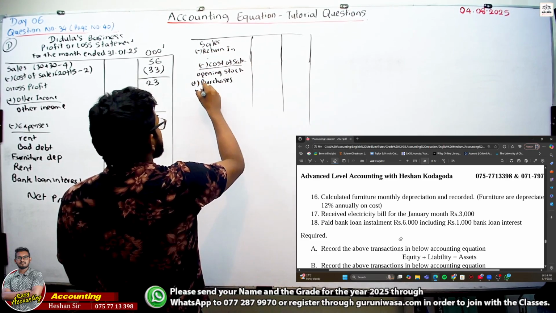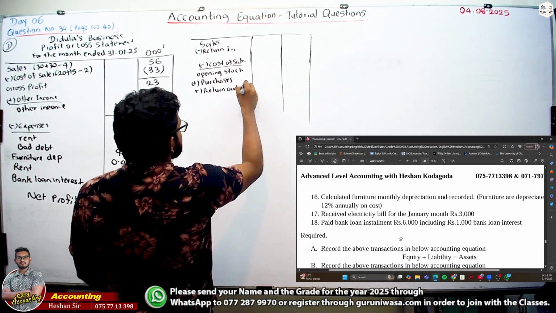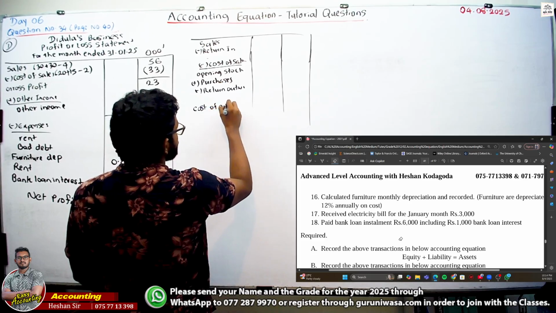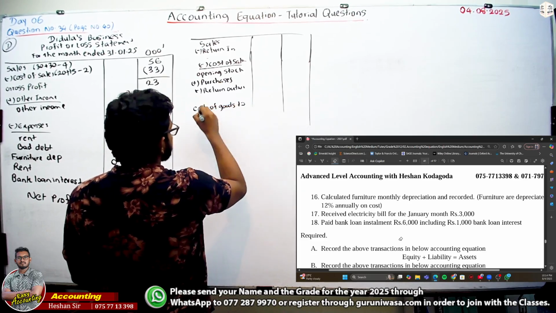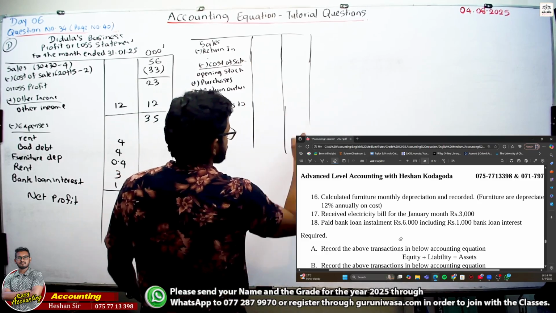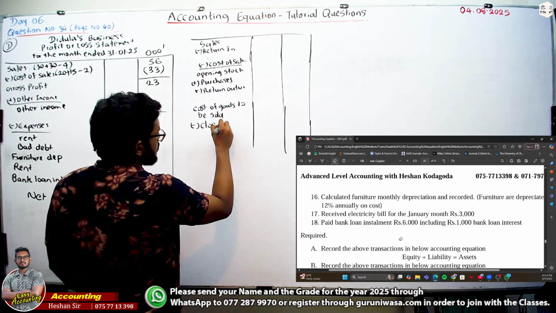Purchases minus return outwards. Then the cost of goods to be sold, minus closing stock, then the gross profit.